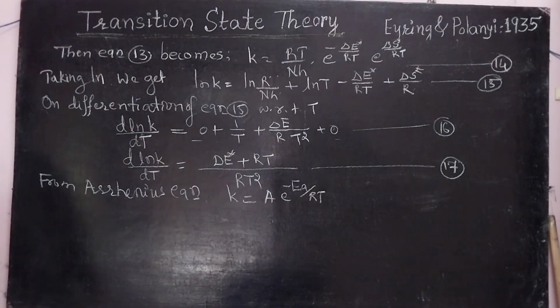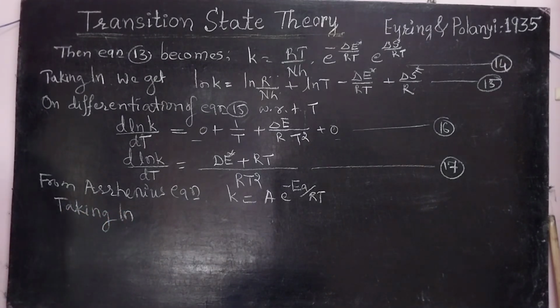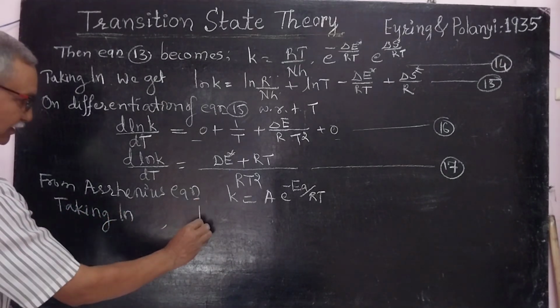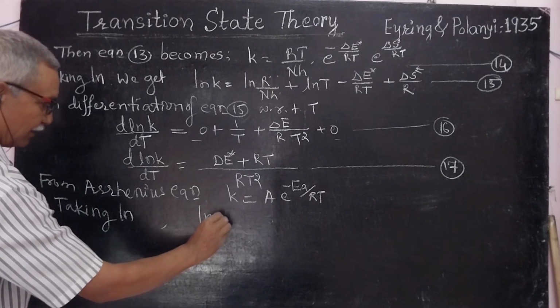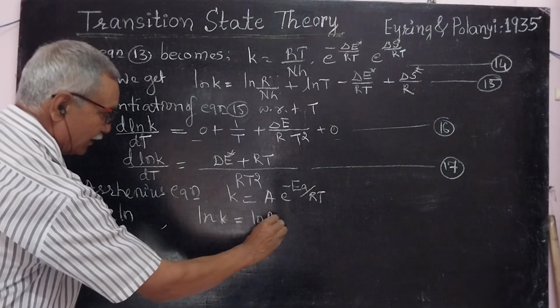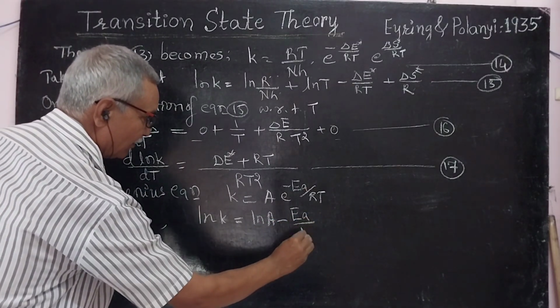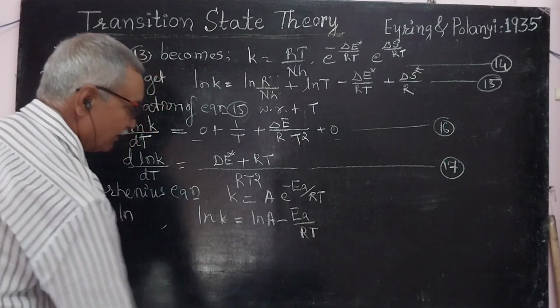Taking logarithm, taking ln, we get ln k is equal to ln A minus Ea divided by RT.